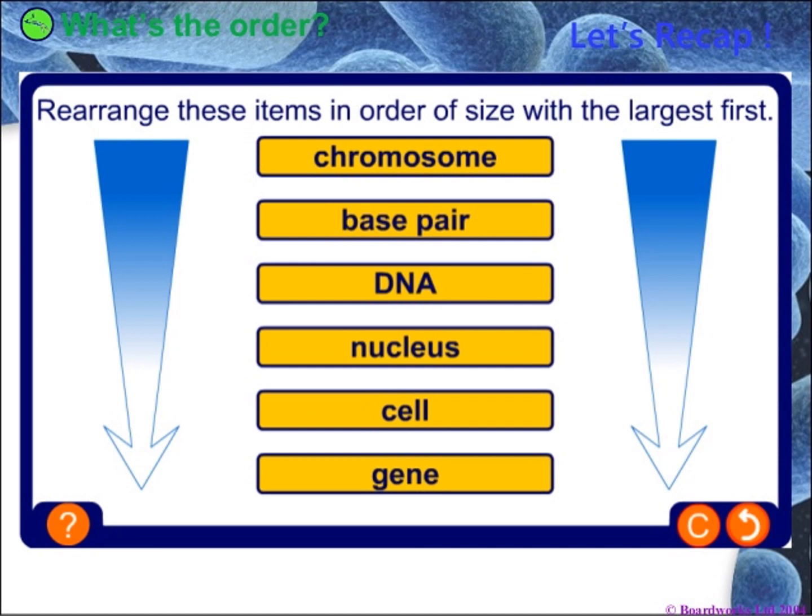Yes, DNA is present, and inside the DNA, the gene is present, and inside the gene, the base pairs are present. So these are all the different things you have to know, which one is smaller and which one is bigger.